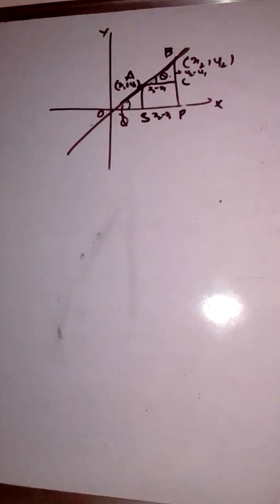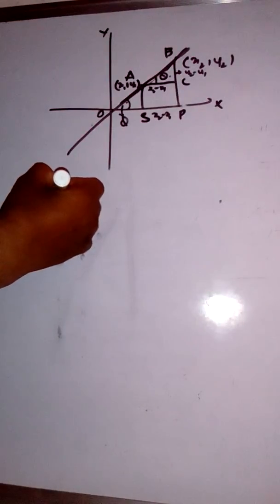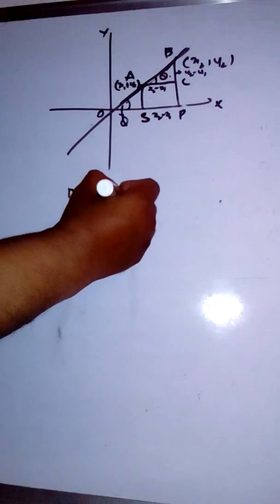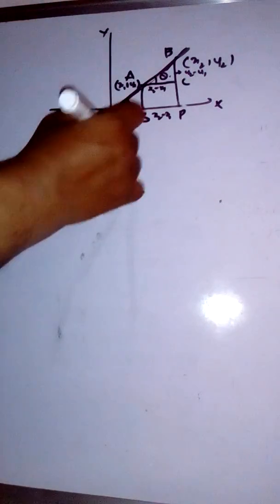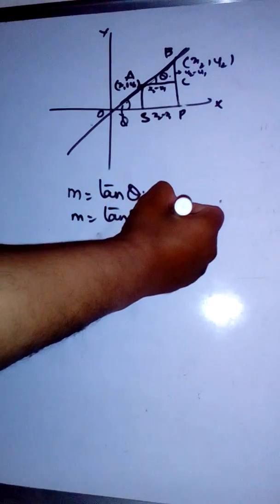Now next is why horizontal lines have the slope as 0. See, we have m equals tan theta. So horizontal lines are not making any angle with the x-axis. So m equals tan 0 degrees, that is equal to 0.